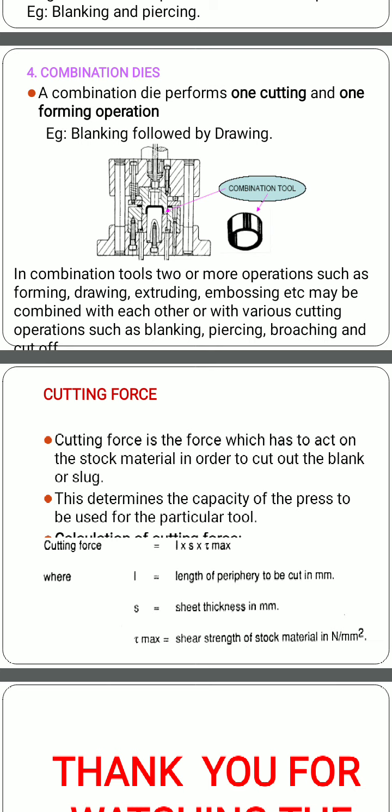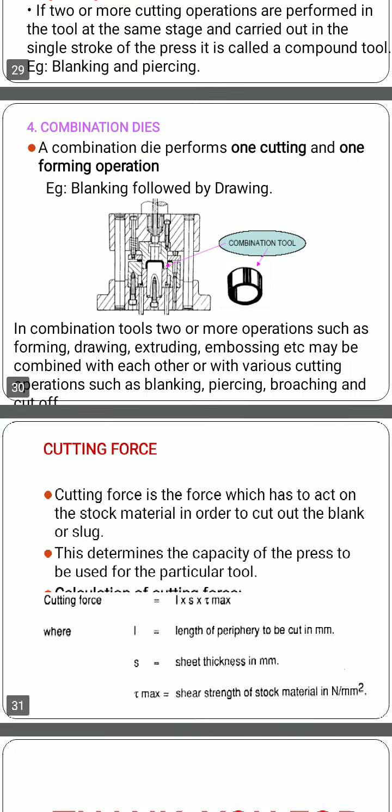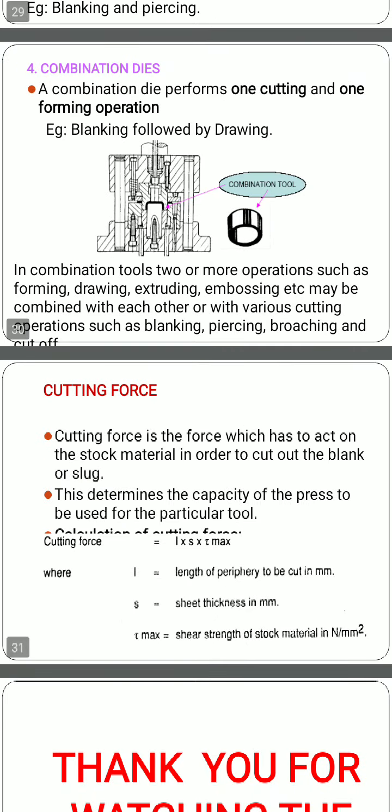All these things. Next we will see about the cutting force. The cutting force depends on the material, it changes from material to material, as well as with the thickness of the sheet. Cutting force has to act on the stock material in order to cut out the blank or slug.